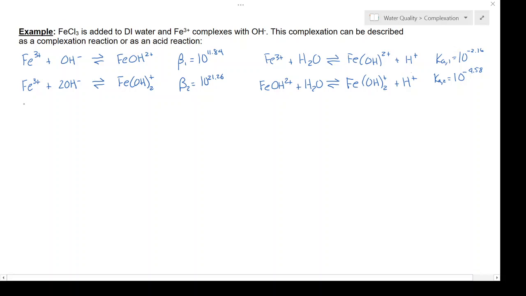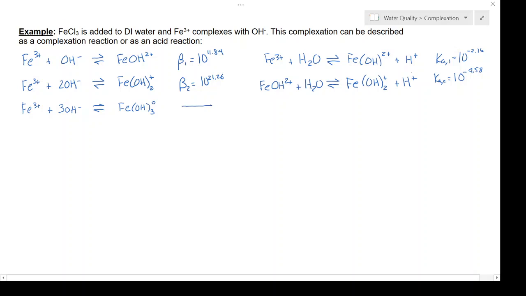So it seems that the next reaction would be for ferric iron to react with 3 hydroxides and form FeOH3. And it does, but when it does that, it forms a solid, and so the possible complex of having an FeOH3 dissolved species that's uncharged is undefined.